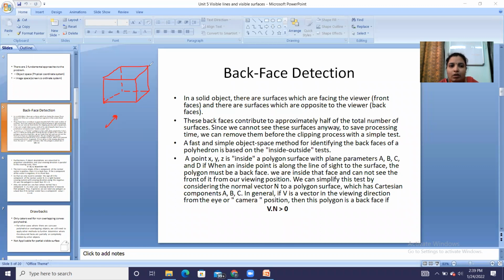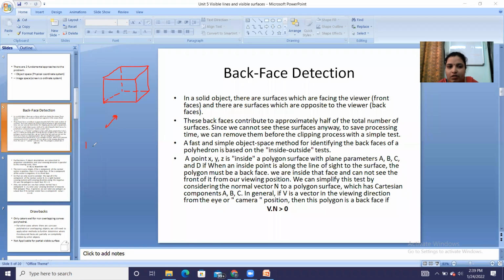And now the object given is a cube. We have to check which faces are visible and which faces are invisible. For that, the first thing is we have to draw the normal from the face. To draw a normal from the face, we need one point, right?